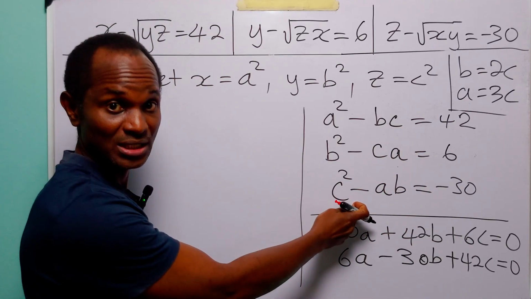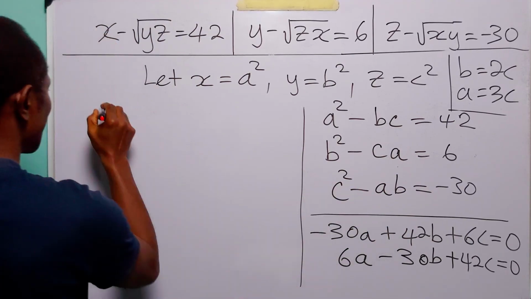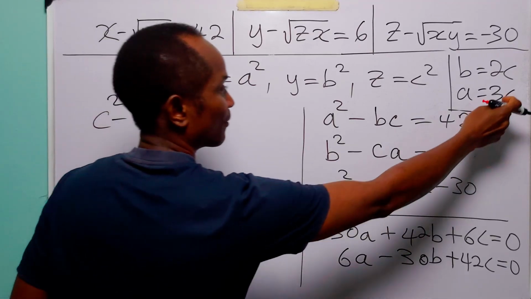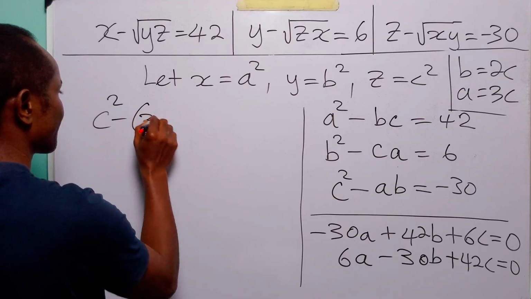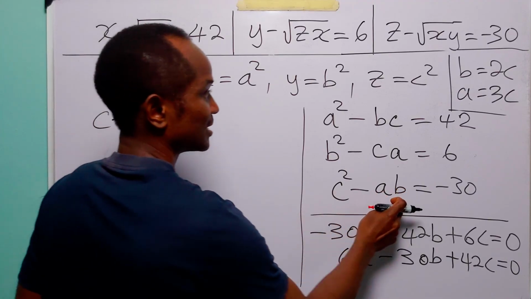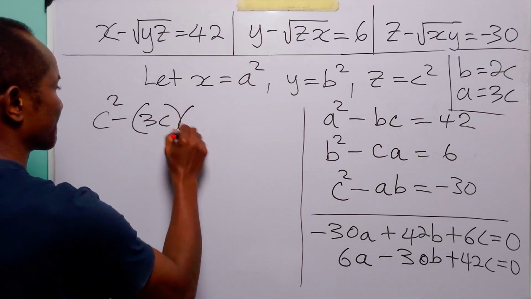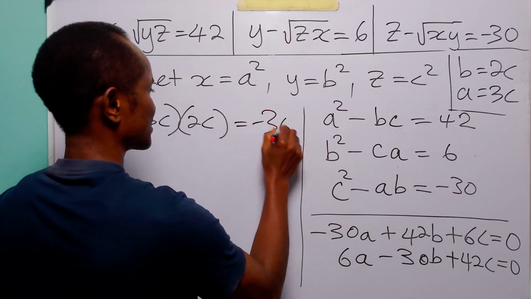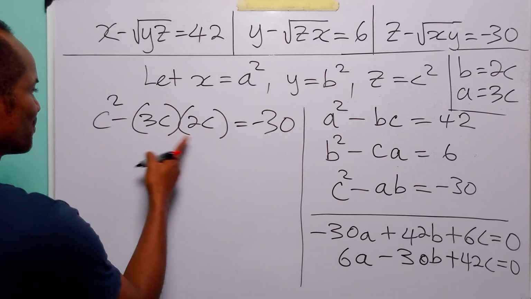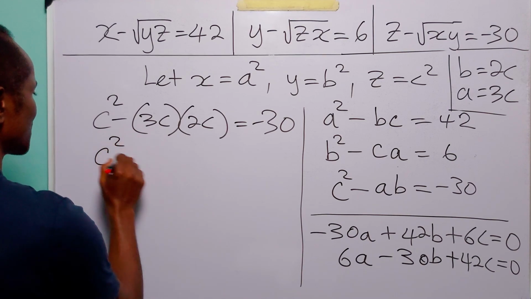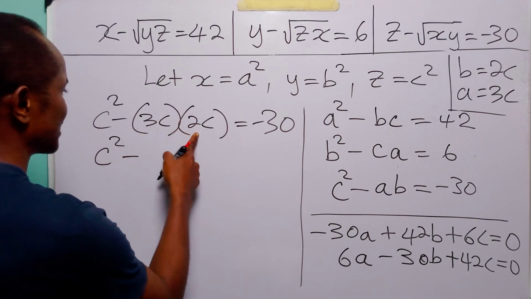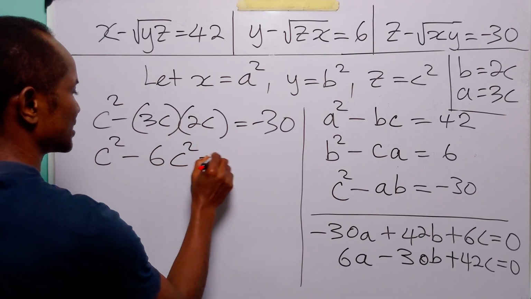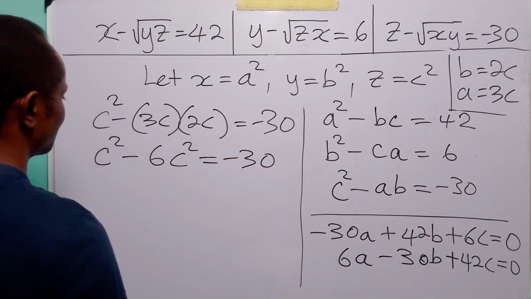And now that we have found A and B in terms of C, what we are going to do is to go back to this third equation. So from this equation, we have C squared minus A, which is 3C, times B, which is 2C, and this is equal to minus 30. Opening the brackets, we have that C squared minus 3 times 2 is equal to 6, and C times C is C squared, is equal to minus 30.